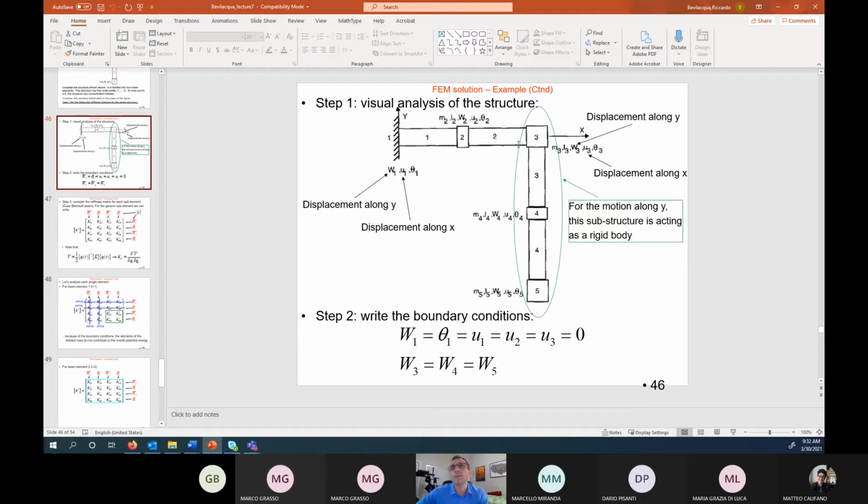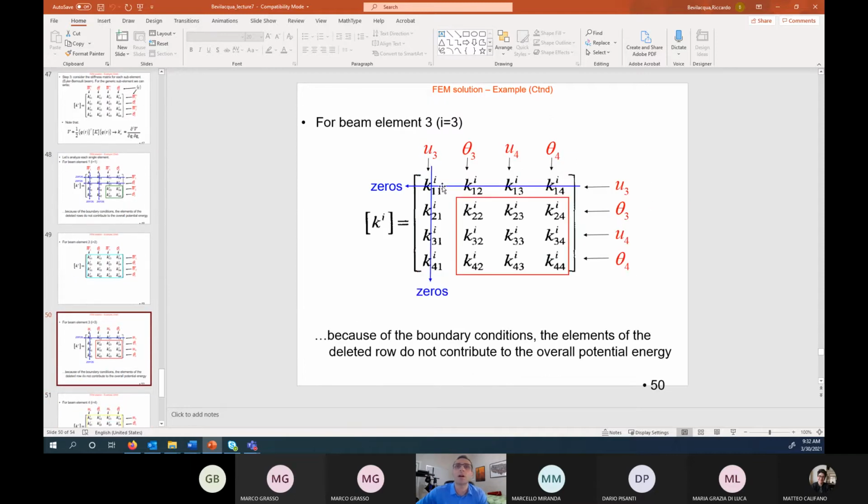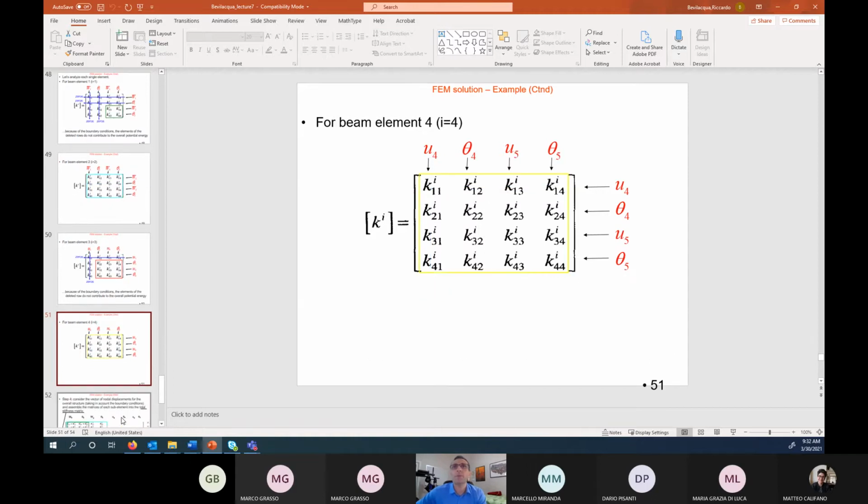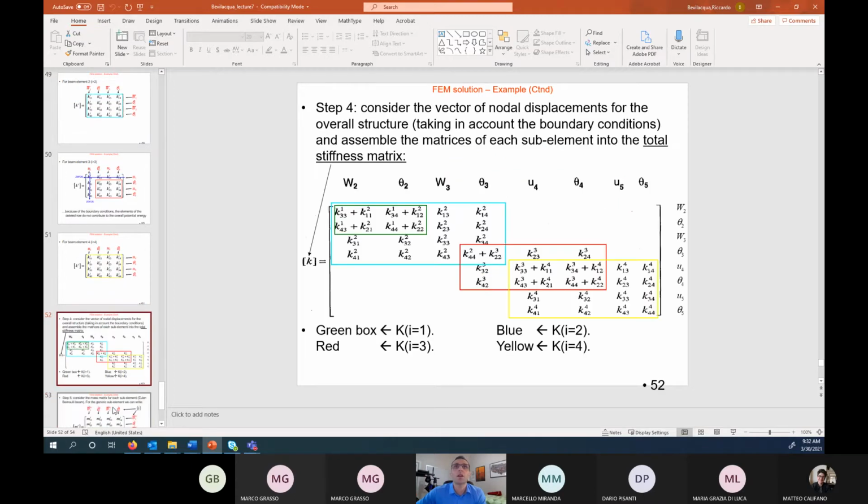That's the boundary condition, and that's why I am removing these two lines in the matrix. Fourth element, you keep everything. The boundary conditions don't tell you that any of these variables have to go to 0 at all times. And finally, you consider the vector of nodal displacements for the overall structure, taking into account the boundary conditions, and you assemble the matrix from each sub-element into the final stiffness matrix.